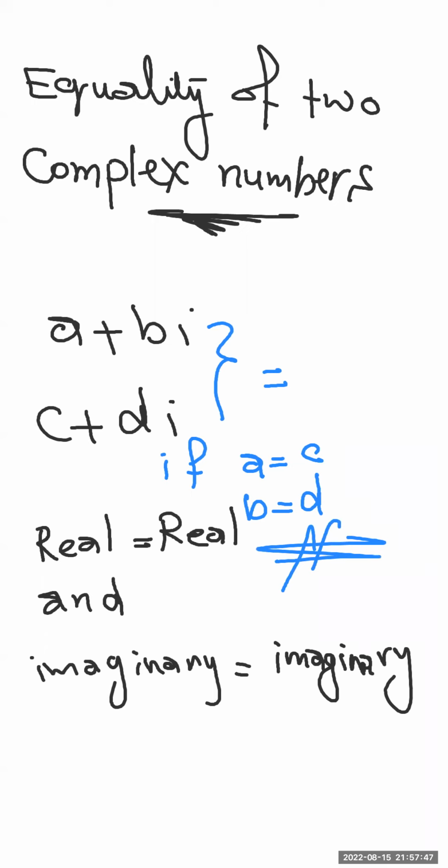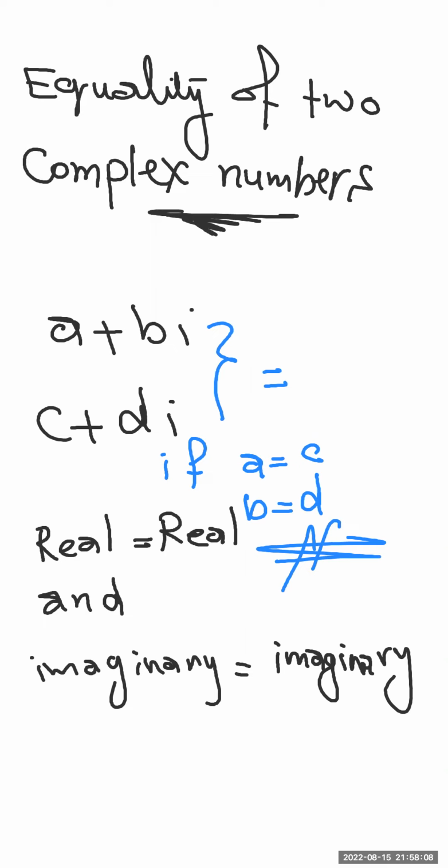Okay, so now guys, let's solve some examples to understand this point well. If two complex numbers are given, and it's mentioned that these two complex numbers are equal, then there are two variables and we want to get their values.